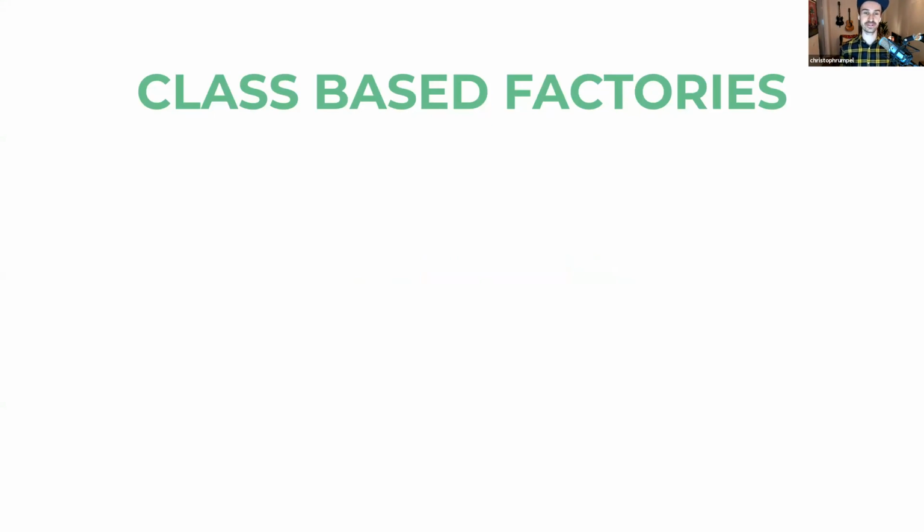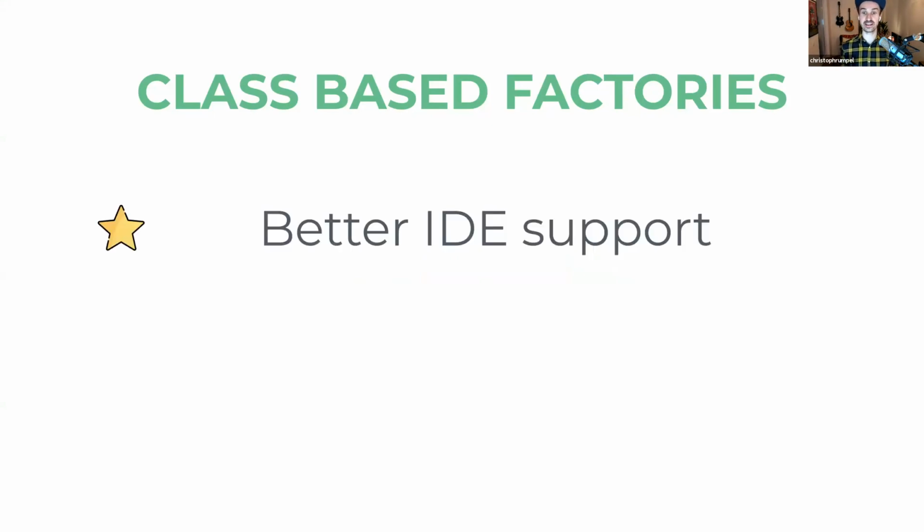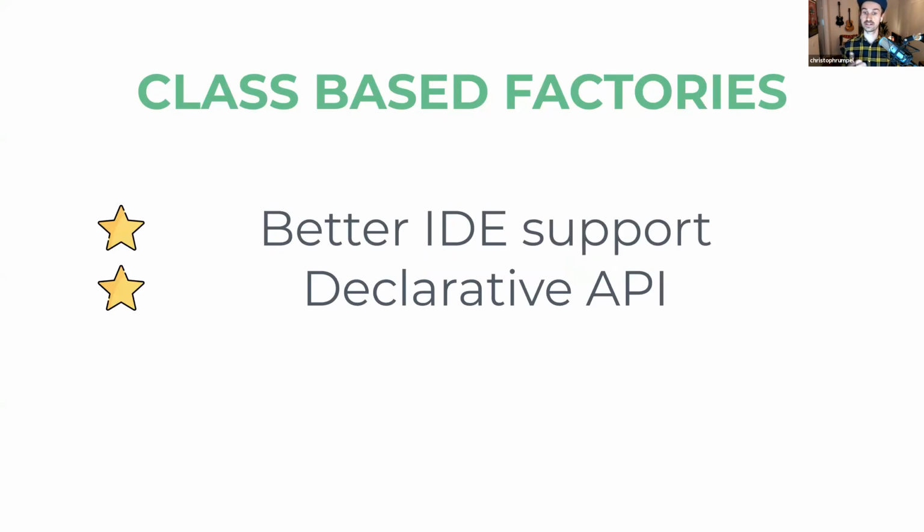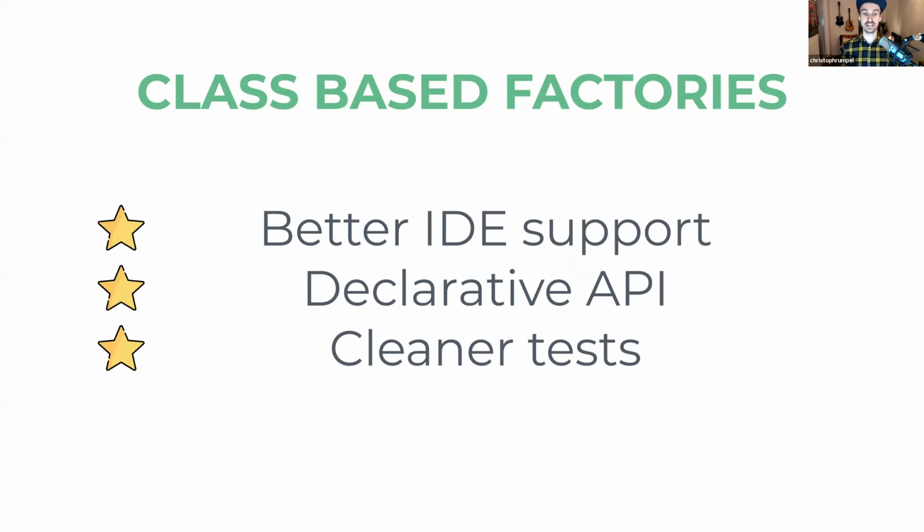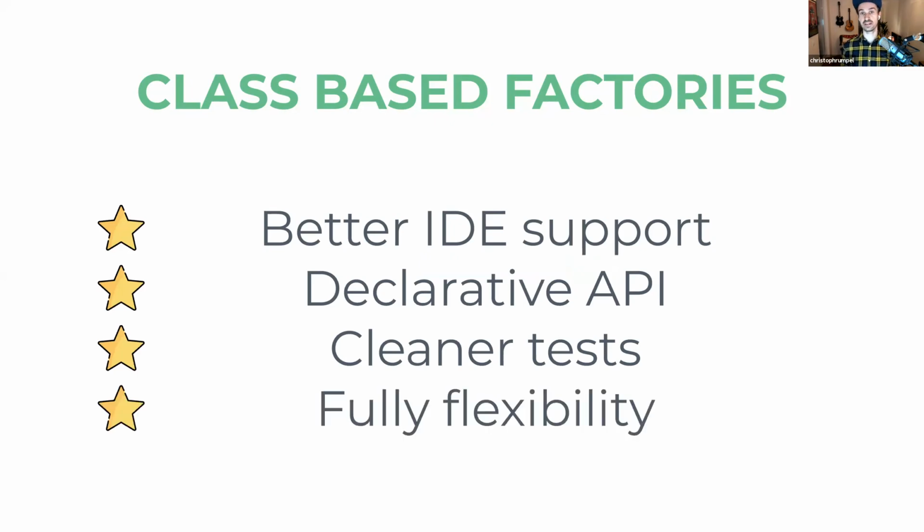With class-based factories, we get some advantages like better IDE support, which is important to some developers like me. You have a very declarative API because you define how the methods on your factories are called. That's what I also really like about it. You end up with cleaner tests because you have better ways of hiding this stuff and you have full flexibility.